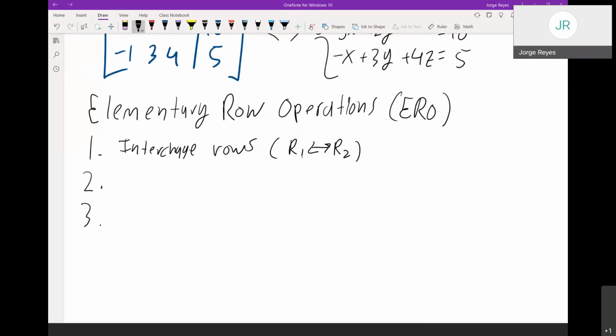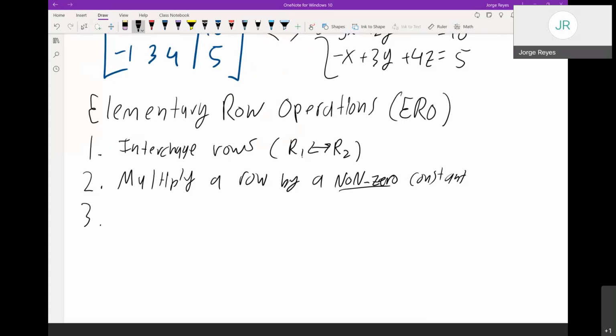The second thing we're allowed to do is multiply a row by a non-zero constant. You can't multiply a row by 0. That's bad, you're going to lose info. But you can multiply a row by any number you feel like, which normally is going to be a fraction or a number to create a common denominator situation.